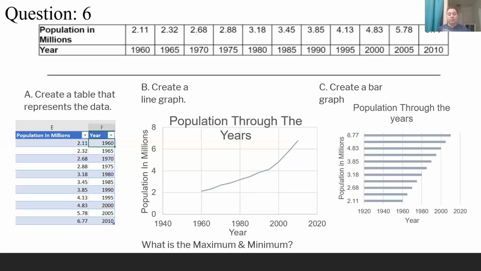So our maximum population is 6.77 million, and then our minimum, which is our smallest amount that we had, was 2.11 million, which was during the year of 1960. So that's pretty much how you find your max and your min. Your max is as high as your information goes, and your minimum is as low as your information goes.